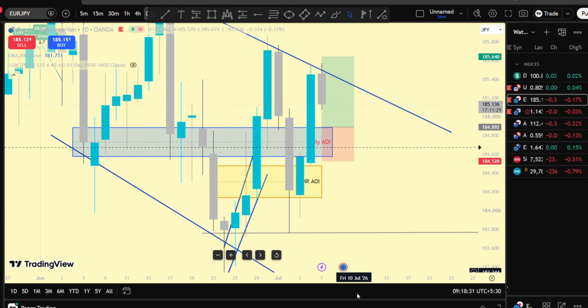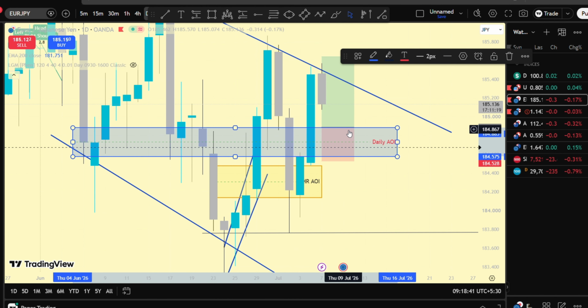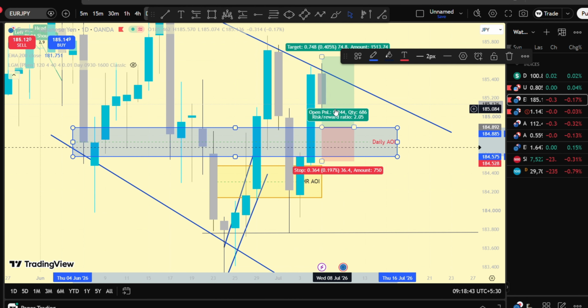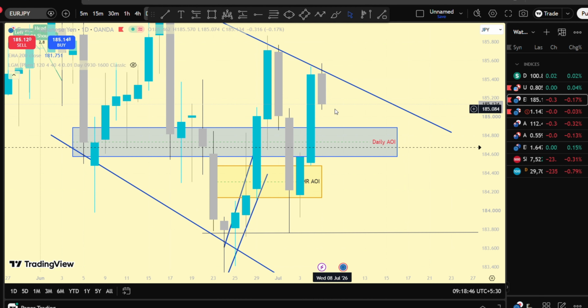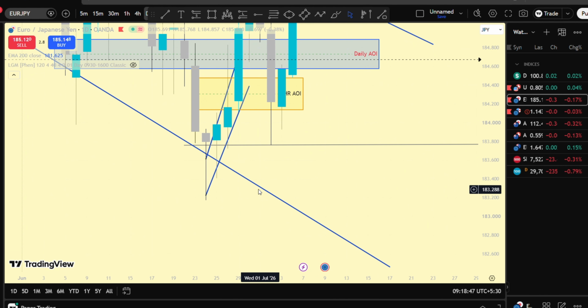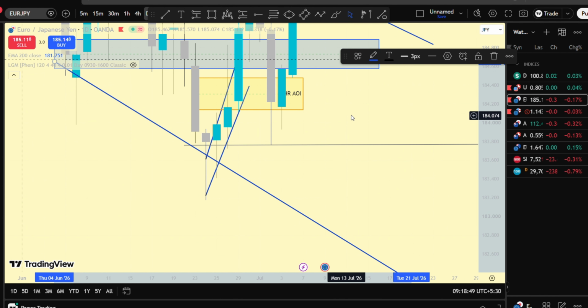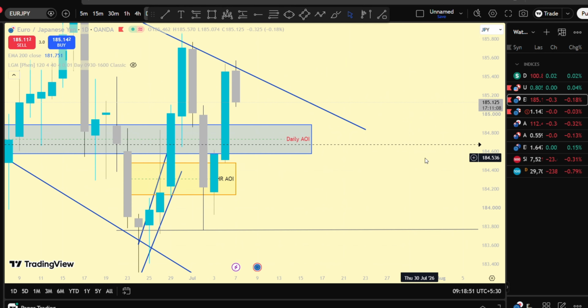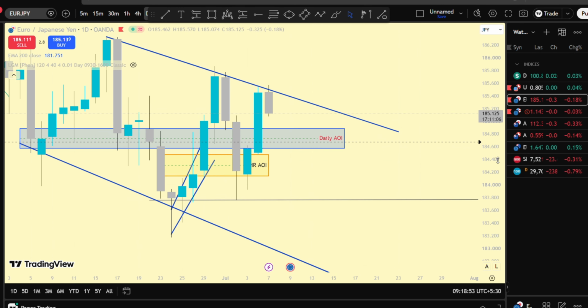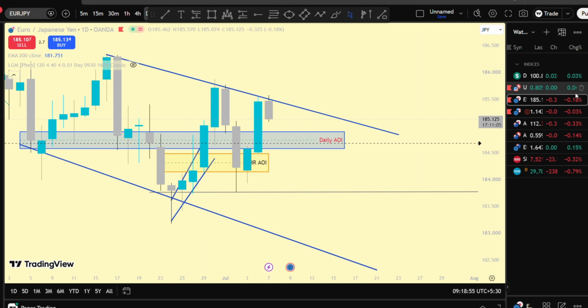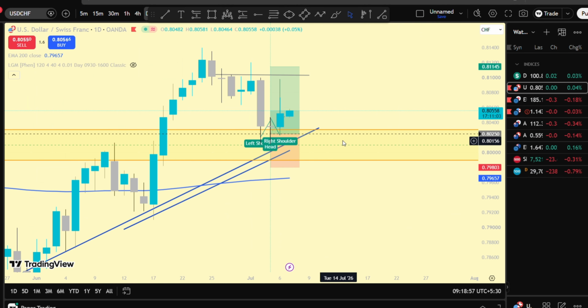Most of the time price has broken below the daily area of interest, so if price does a reaction from it, you can take the trade. If price does not, it is more probable if you take a trade from here or this trend line or this trend line. So that's the idea for Euro JPY.